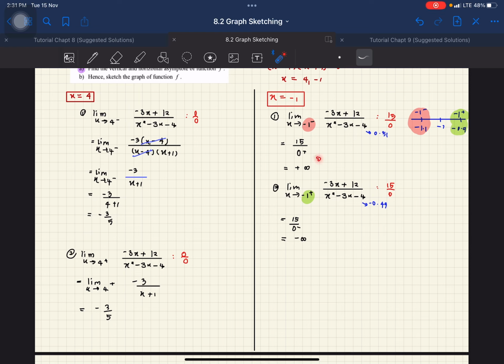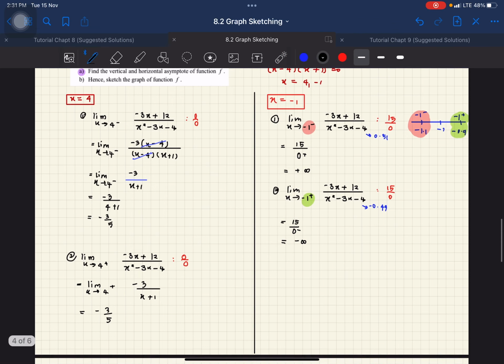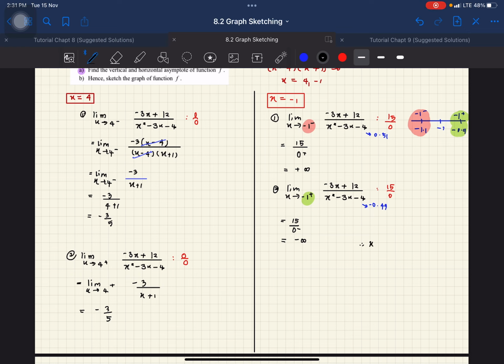Okay, and then this is the only vertical asymptote we have. When we find the limit at negative 1 from the left and from the right, we get positive infinity and negative infinity. So the conclusion we can make is that x equals to negative 1. Okay, so I want to write it like this. So I write VA, x is equal to negative 1. Settle there.